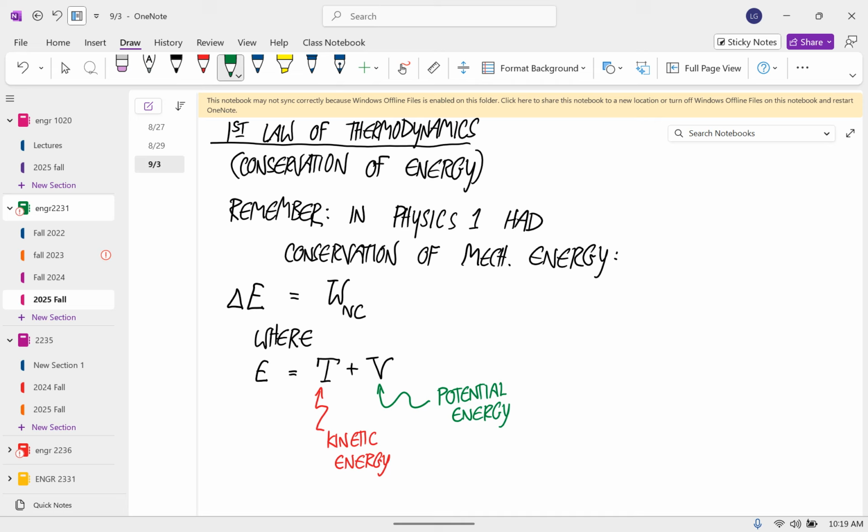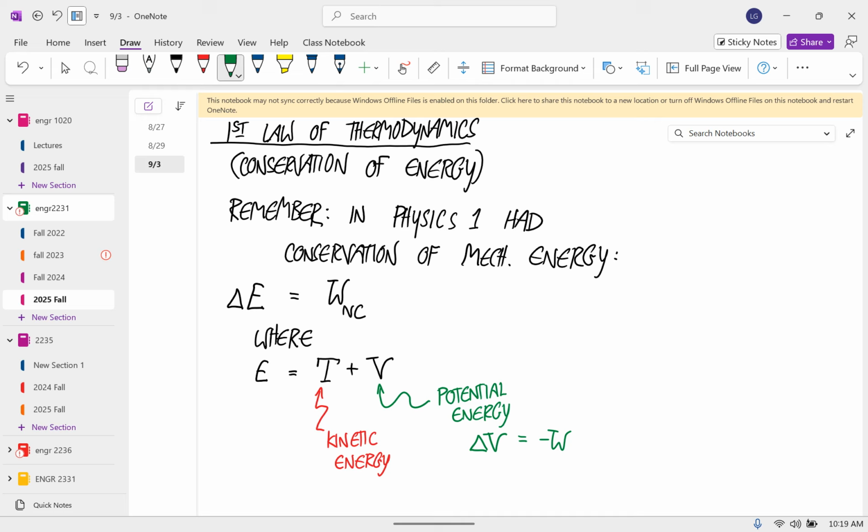And so if you have a conservative force, you can define its work in terms of a potential energy function. That's why we define potential energy. It's just an easy way to calculate work. And we use this definition that said the change in potential energy is the negative work.